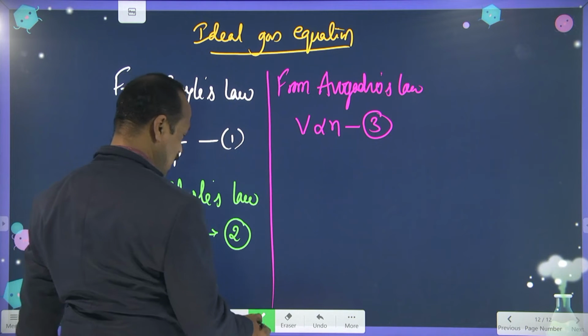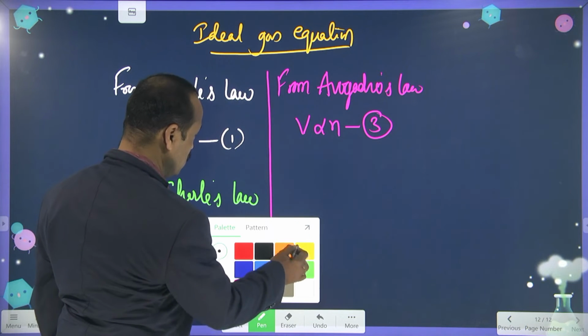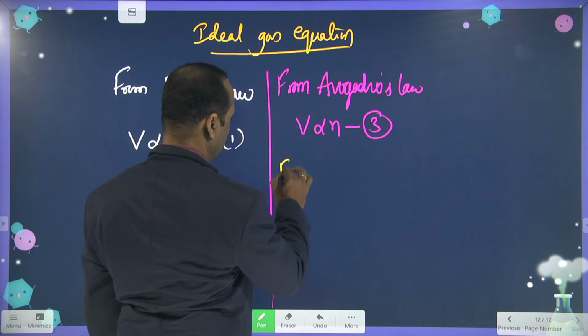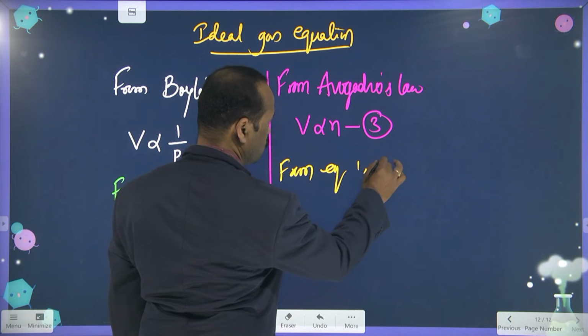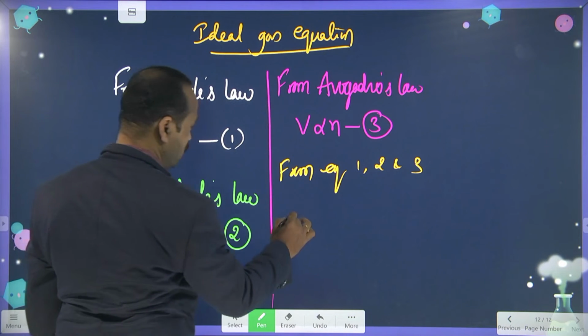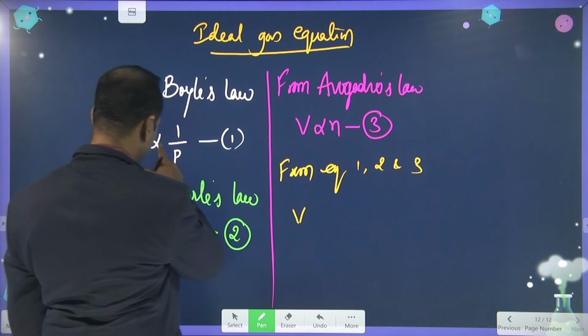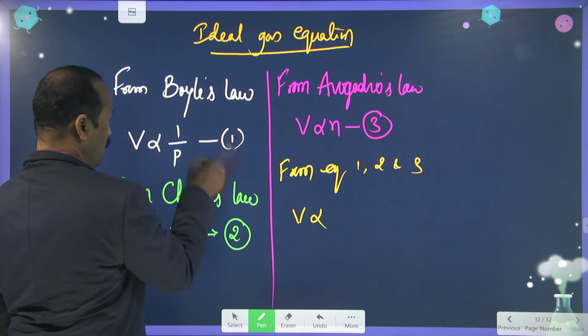So now we combine all the three. From equations 1, 2 and 3, see, in all V is common. So we are writing V. And then all proportionality sign is common. Now we write one by one.